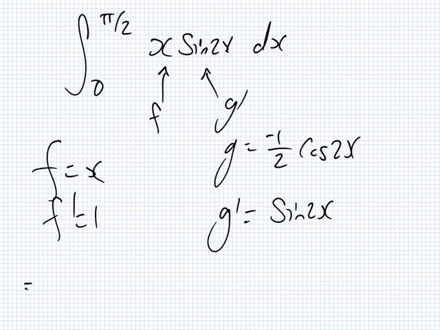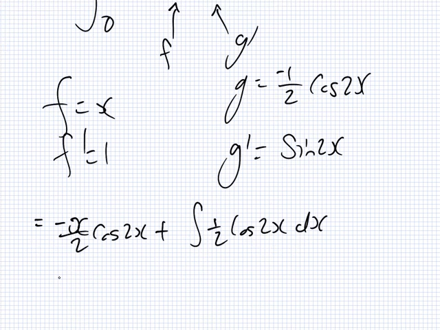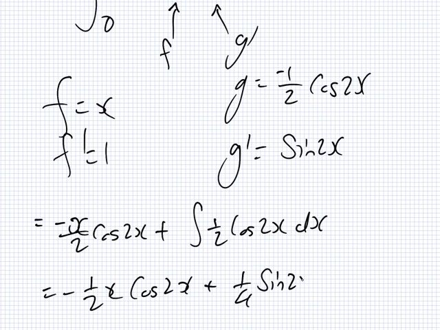So the rule is fg minus the integral of f derivative g, which is another minus, and you're only multiplying this by 1, so nothing really happens. So this is minus a half x cos 2x plus a quarter sine 2x from 0 to pi over 2.